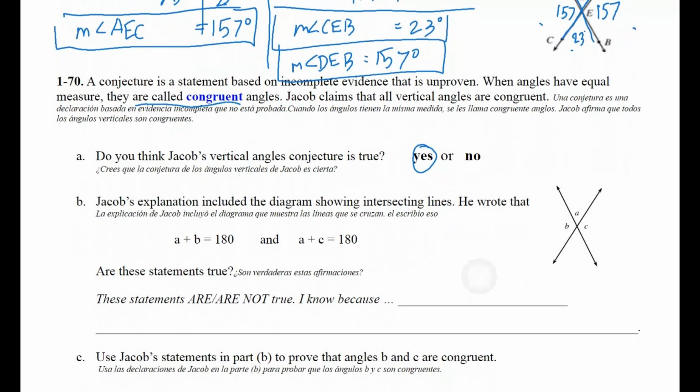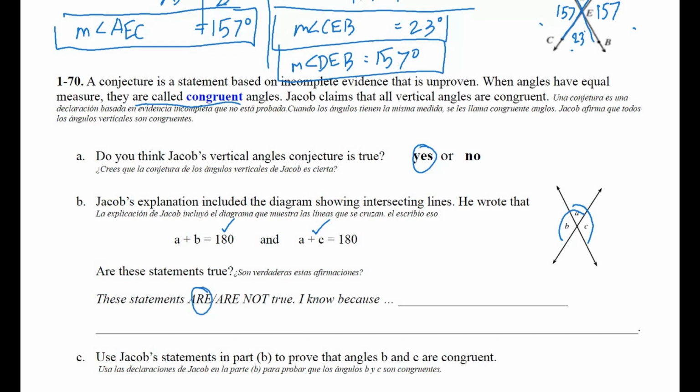Jacob explains using a diagram with intersecting lines. He wrote that here, A plus B is 180 degrees. That should be true. And A plus C should also be 180 degrees because those are supplementary angles. These statements have to be true.